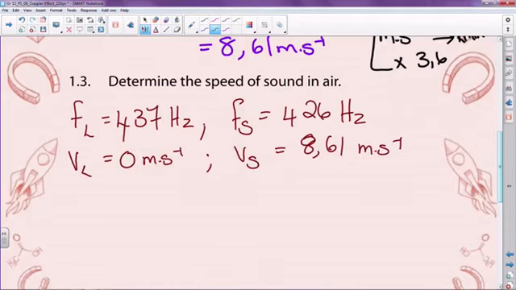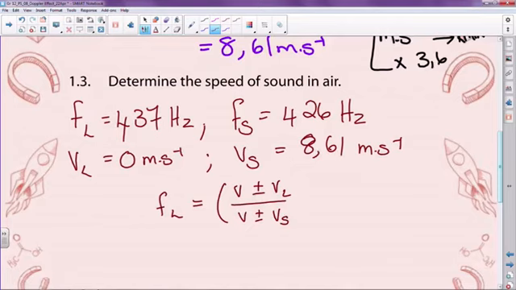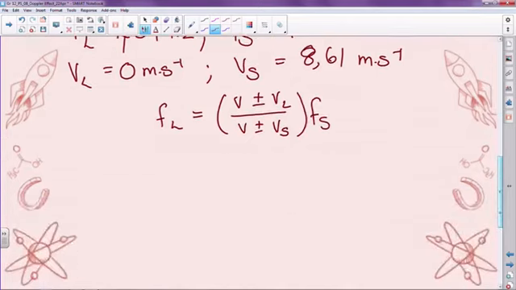So I know I need to use the Doppler equation, and it says that the listener's frequency is the speed of sound plus or minus the listener's velocity, over the speed of sound plus or minus the source's velocity. Now in the substitution, this is where we make a decision about the plus or minus.